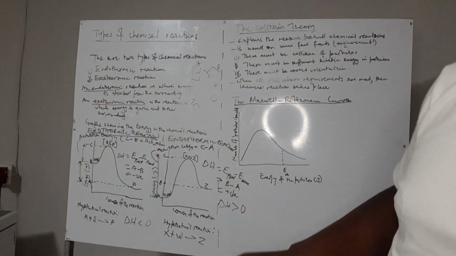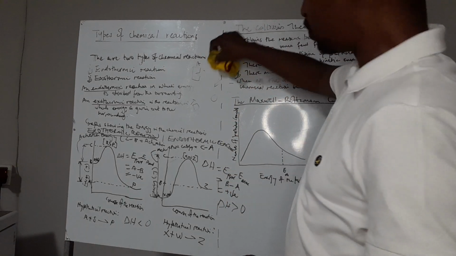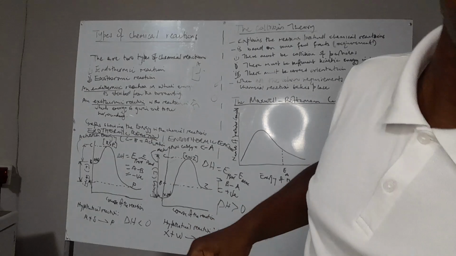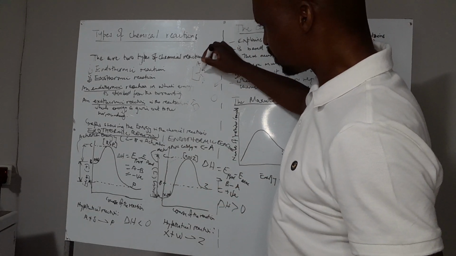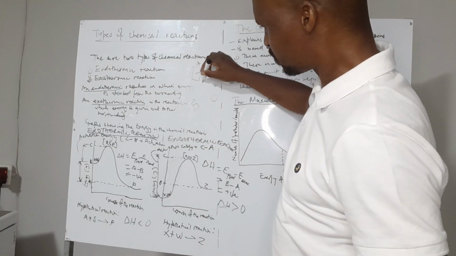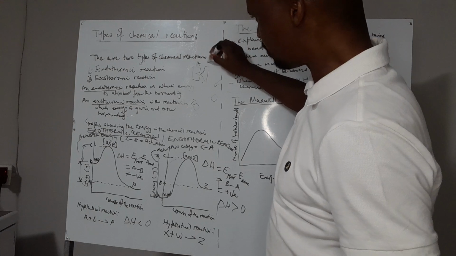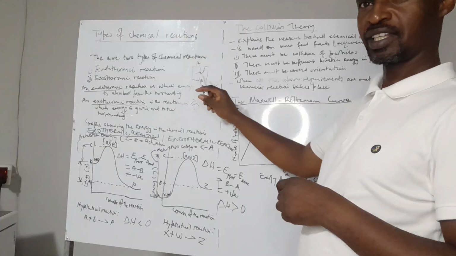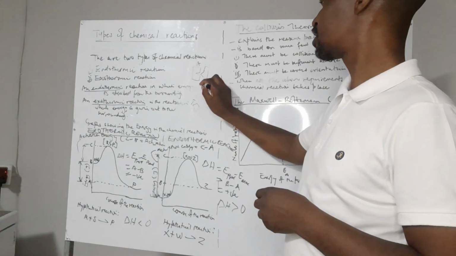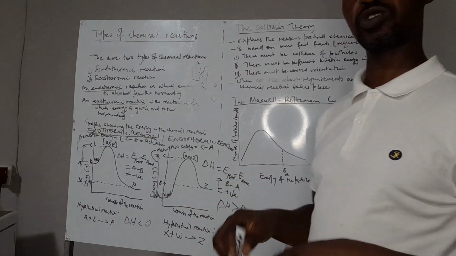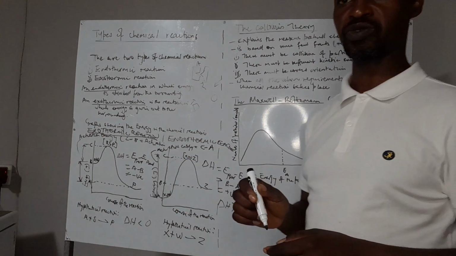But if now the orientation is correct, then that part of B comes in the right manner so that it can fit into A, and in that case the reaction would take place. So therefore, correct orientation is also essential for the chemical reaction to take place here.